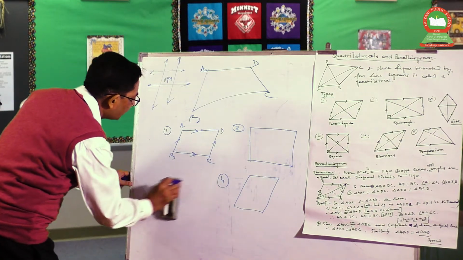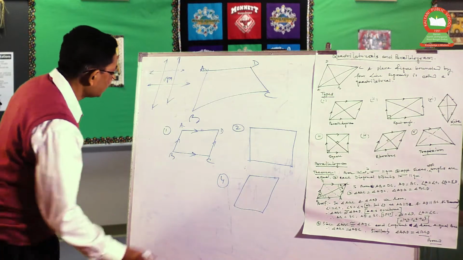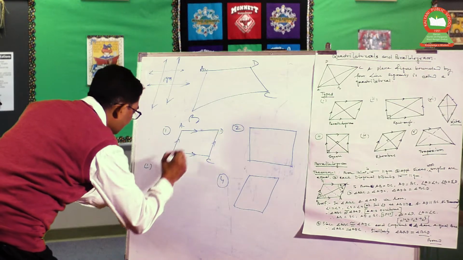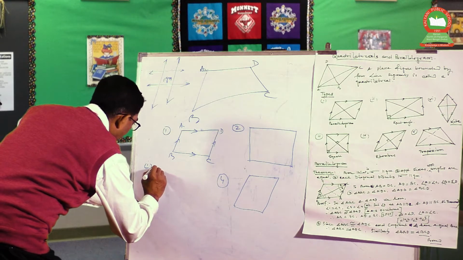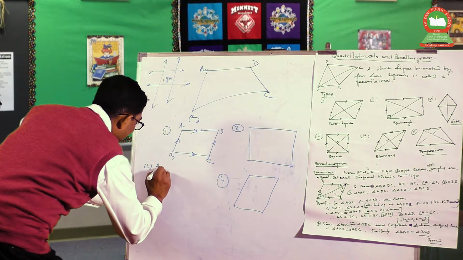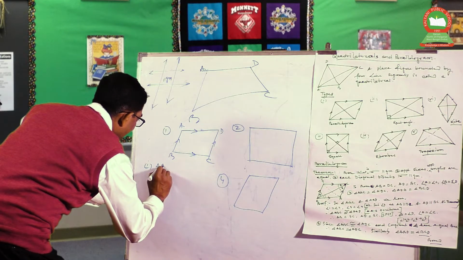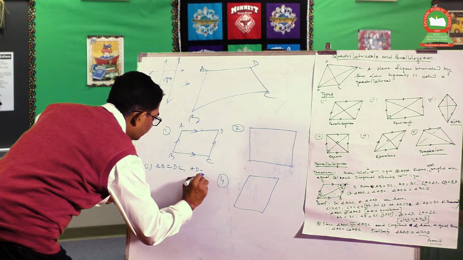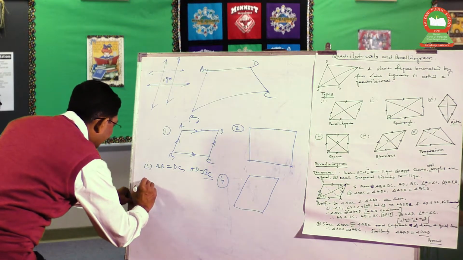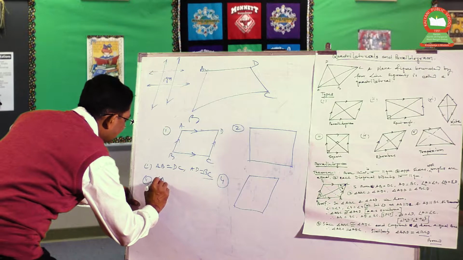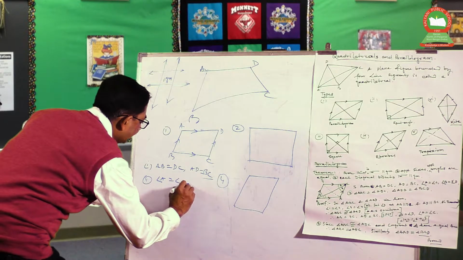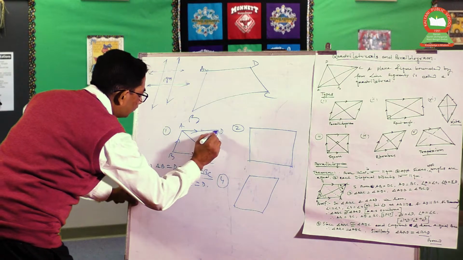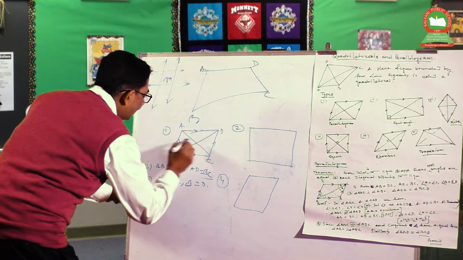If the sides are parallel to each other, then what points are coming? The opposite sides of the parallelogram are equal, that is AB equal to DC and AD equal to BC, and opposite angles are also equal, that is angle A equal to angle C and angle B equal to angle D, and the diagonals bisect each other.